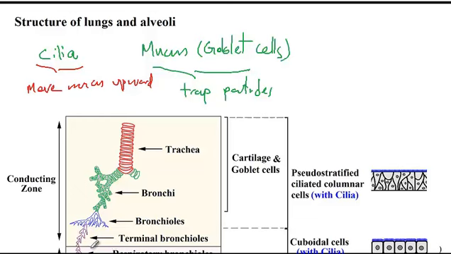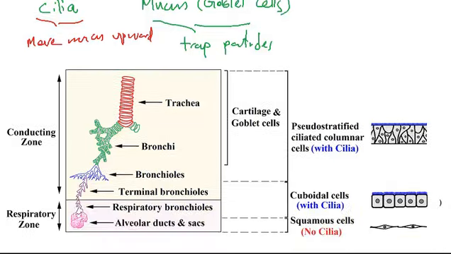However, sometimes it's inevitable and some of these small particles could reach the alveoli. And under those circumstances, the macrophages that are present in the alveoli will engulf them and get rid of those particles. So here I have shown you again the structure of the respiratory tree, but in addition I also provided details to show you how the respiratory tree is covered with cilia.